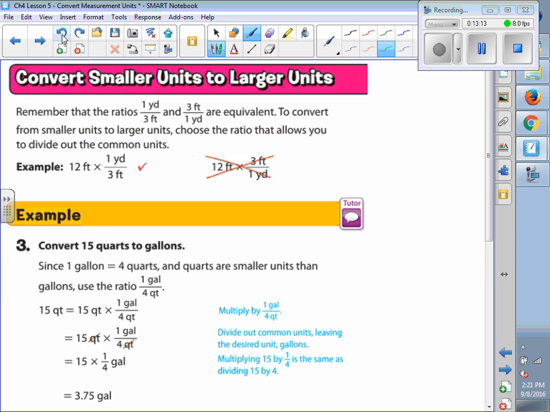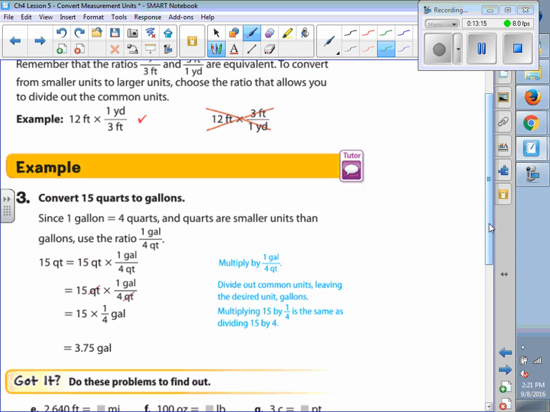All right. So here we want to convert 15 quarts to gallons. So we know that 1 gallon is equal to 4 quarts. So we want to convert 15 quarts. So that's going to be 15 quarts, and we want to change that to gallons.